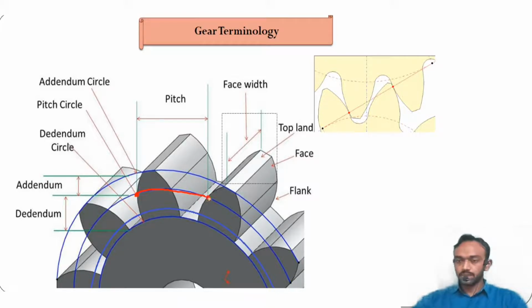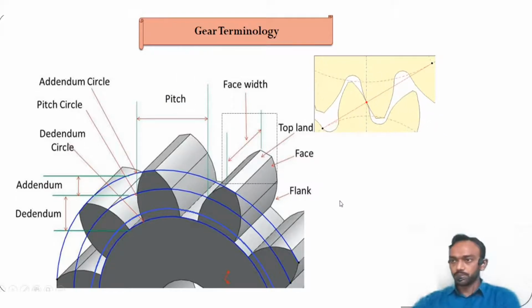This measurement will be done on the pitch circle only, not on the addendum and not on the dedendum. So again, pitch is the distance measured along the pitch circle from one point of the tooth to the same point on an adjacent tooth. It is also known as the circular pitch.